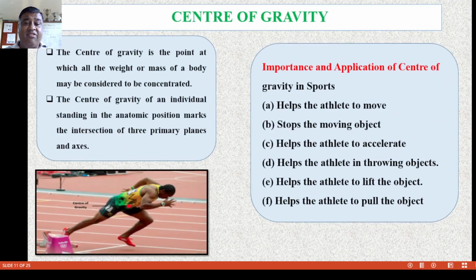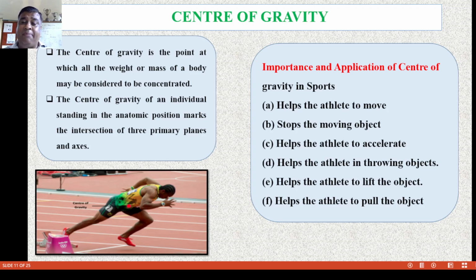Now, next is center of gravity. What is center of gravity? Center of gravity is the point where the weight or mass of the body is concentrated. The center of gravity is an individual anatomical position marked by the intersection of three primary planes and their three primary axes.